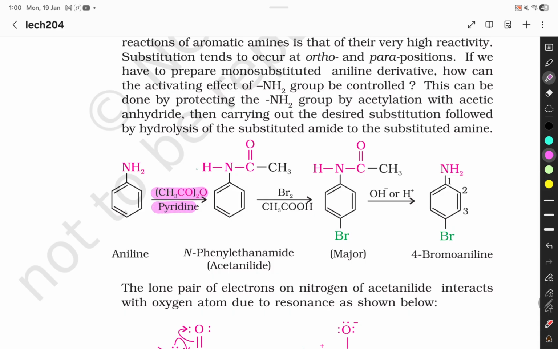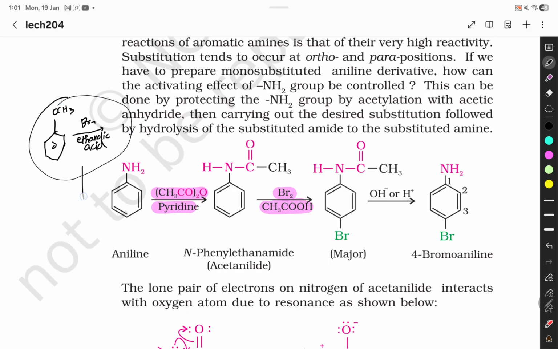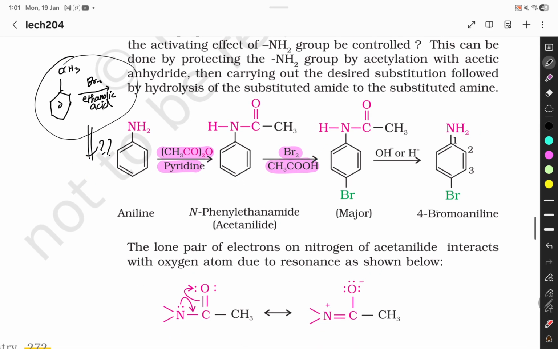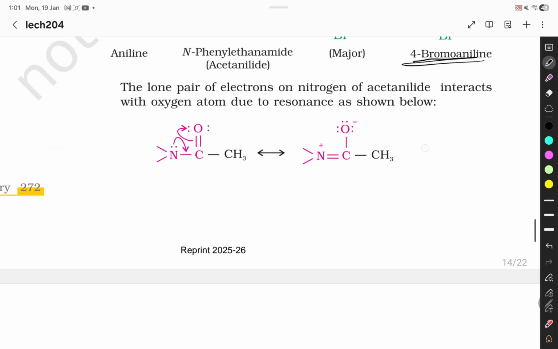We put this with pyridine, and you'll get Br2 and CH3COOH. Then you put Br2 and ethanoic acid. Where have you seen this? Anisole wala reaction. You have seen this in hydrocarbons in CRT. Many times we have discussed it. So yes, this is the product.